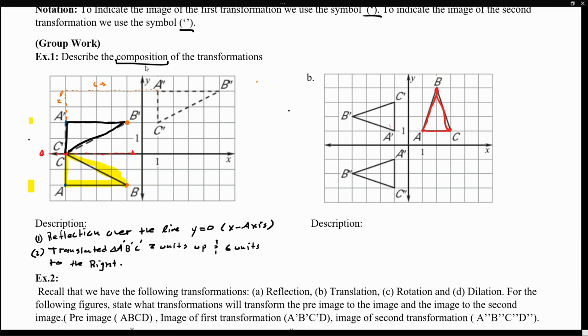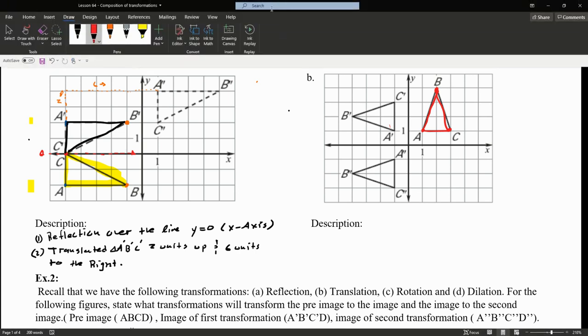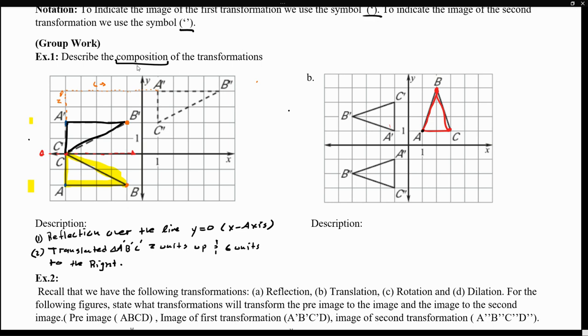But now, how many degrees are you rotating this figure? Well, let's take a look. We can figure that out. Because now this point is 1 comma 1, and this point is negative 1 comma 1. So A is 1 comma 1 and A prime is negative 1 comma 1.